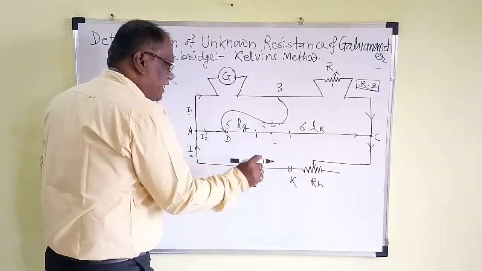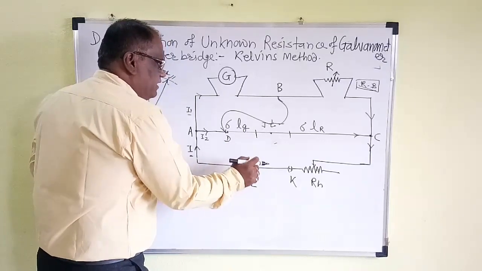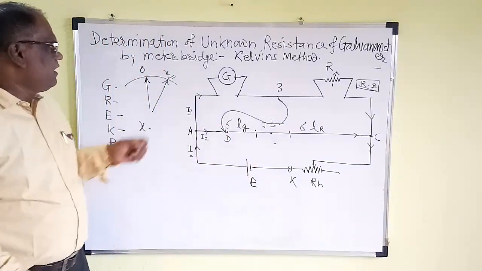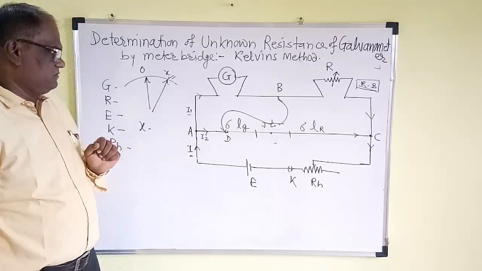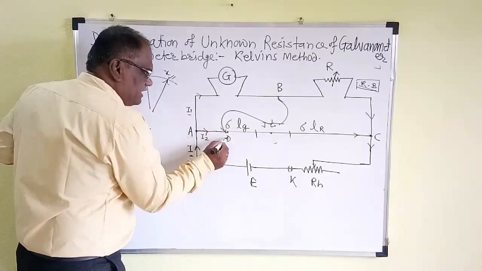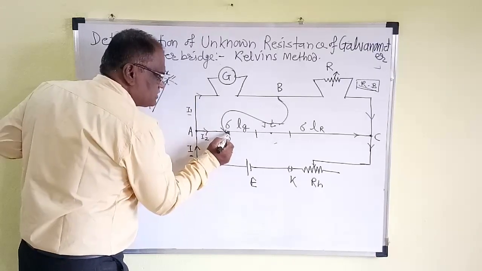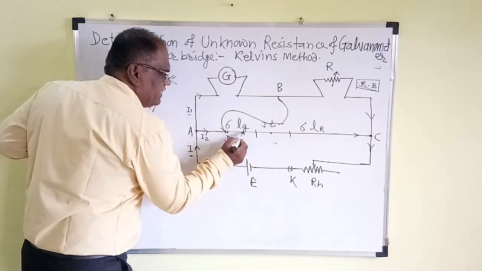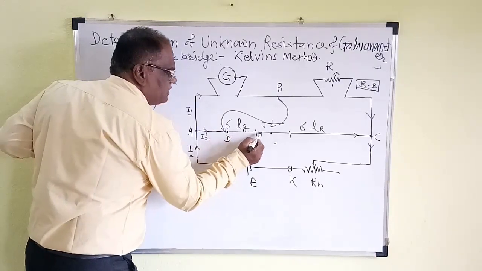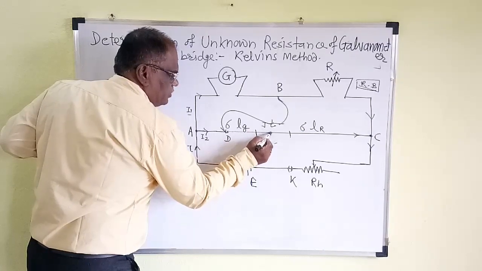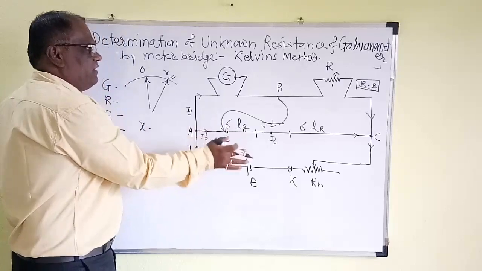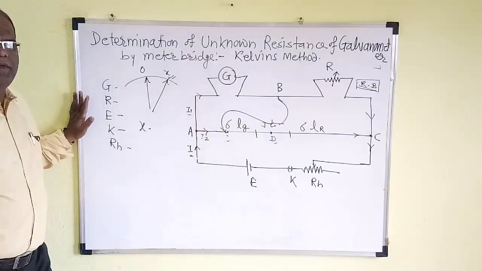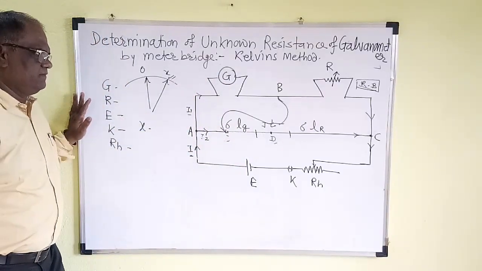Now we have to find the point where galvanometer deflection remains constant. For this, you just go on sliding the jockey along the wire to the point where galvanometer deflection remains constant.